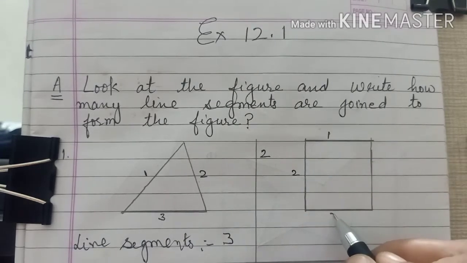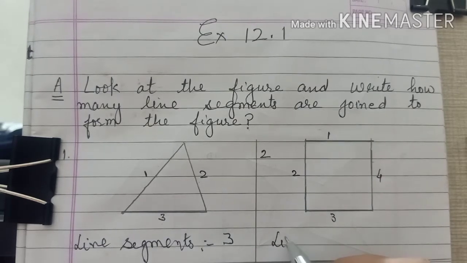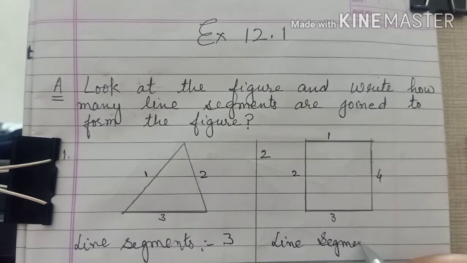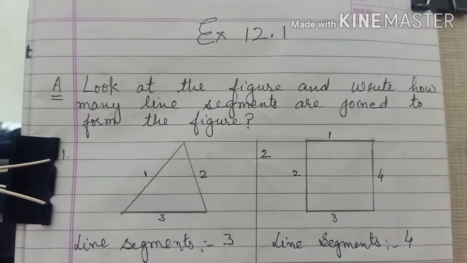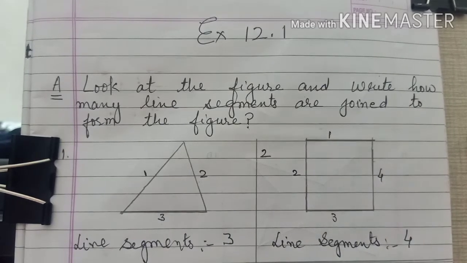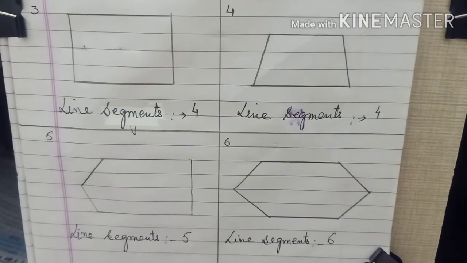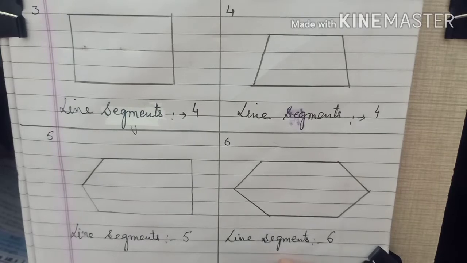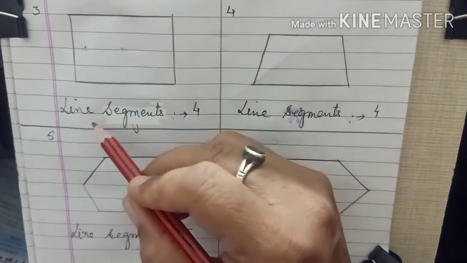Now in question number 2, how many line segments are there? 1, 2, 3 and 4. That is 4. So there are so many figures, we can write down the line segments in all the parts of this question. Now the third figure has 4 line segments.